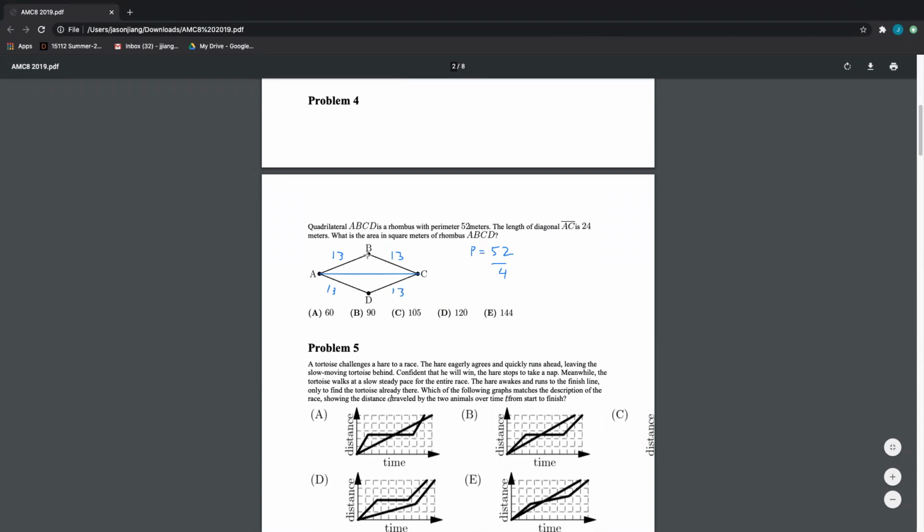Now we'll want to draw this other diagonal, and we'll see why. So we're told that AC was 24, but because this is a rhombus, each of these four individual triangles are identical. They're rotated or reflected, but they have the same side lengths as well as angles.